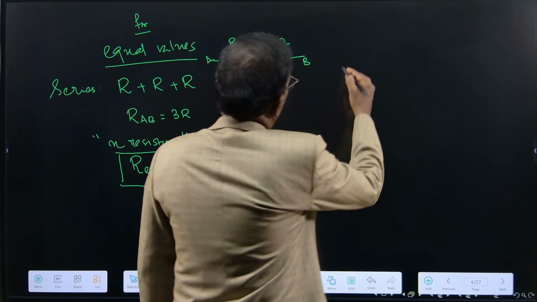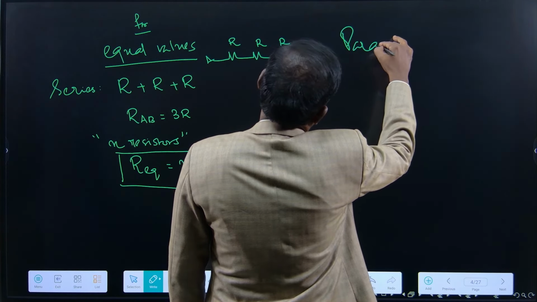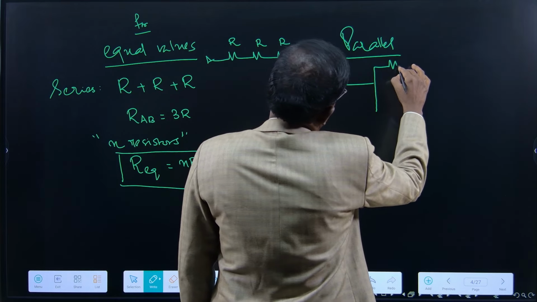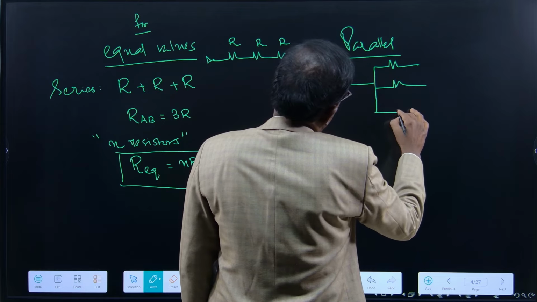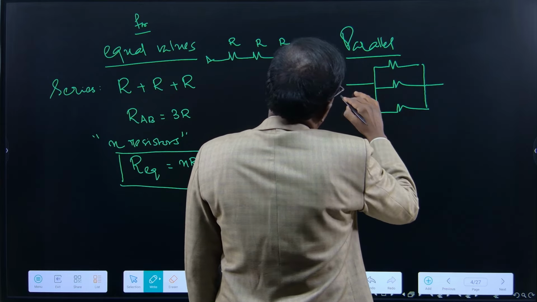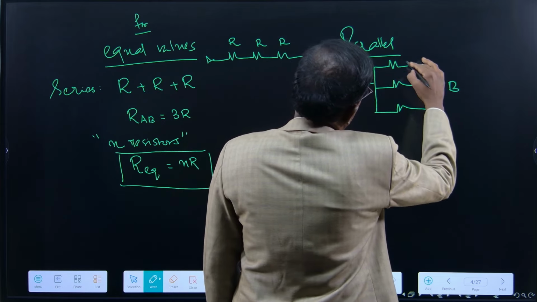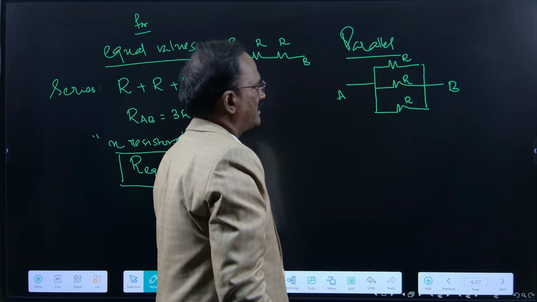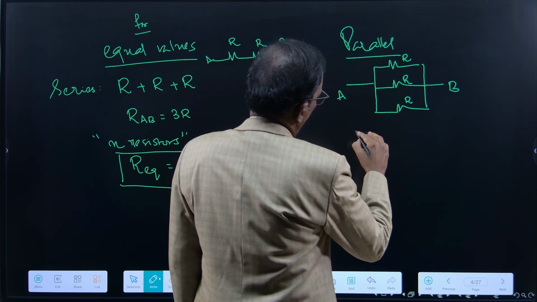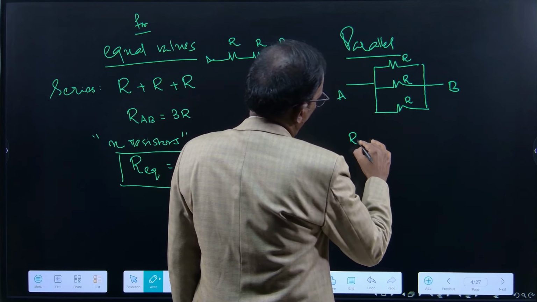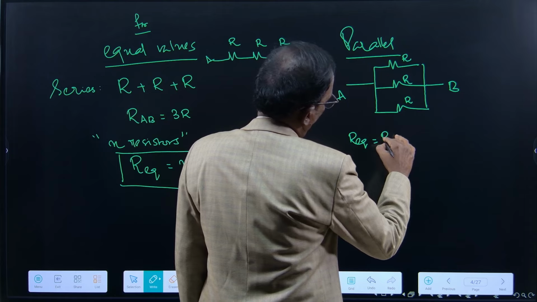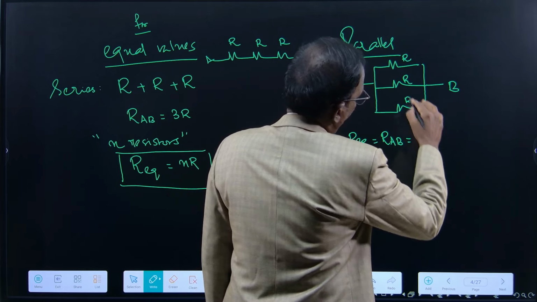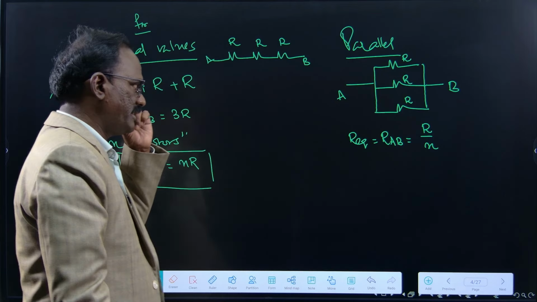Similarly, for parallel connection, if three resistors have the same value R and they are in parallel, then the equivalent value RAB will be R by N. If you work it out, you will get R by N, right?